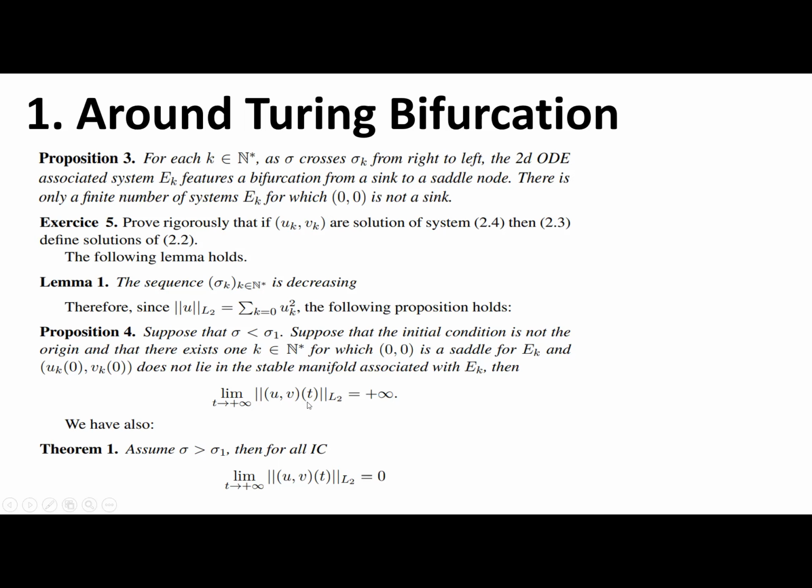And also, if sigma is greater than sigma 1, then for all initial conditions, the norm of UV in L2 is going to 0. So that's what we are going to discuss in the first part of the session today.